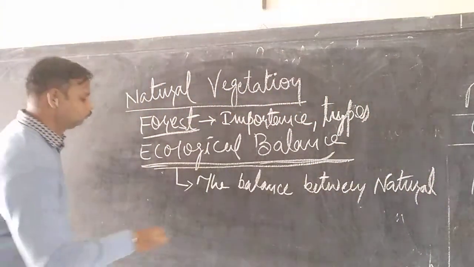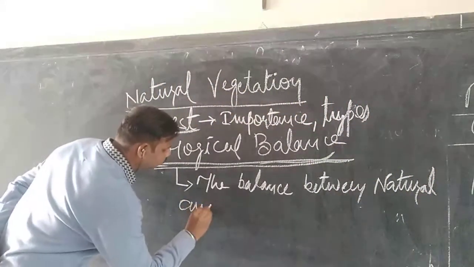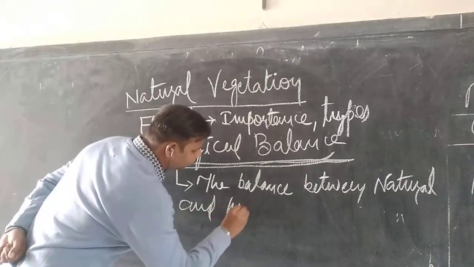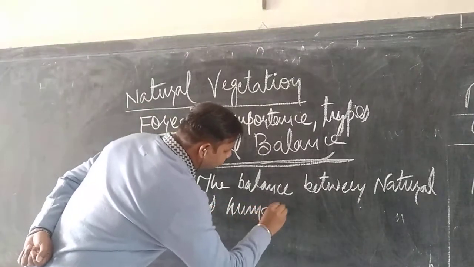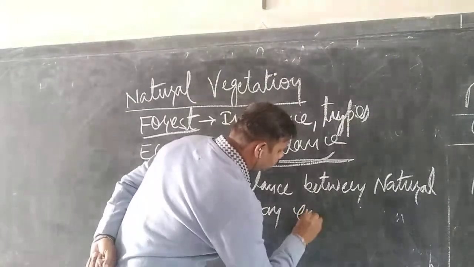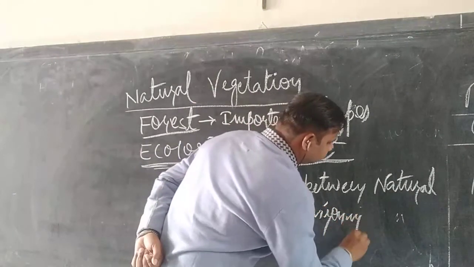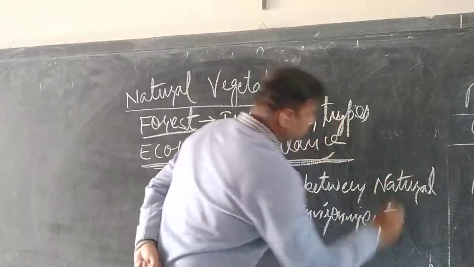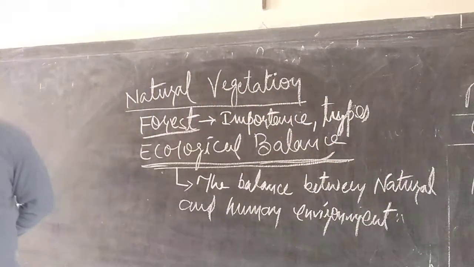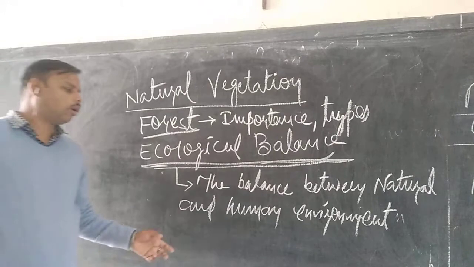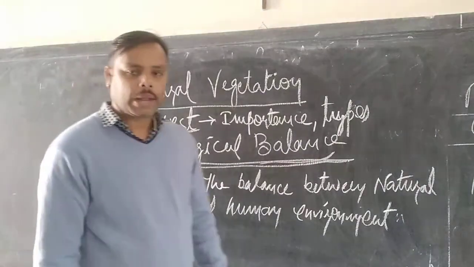The balance between the natural and the human involvement is called ecological balance.